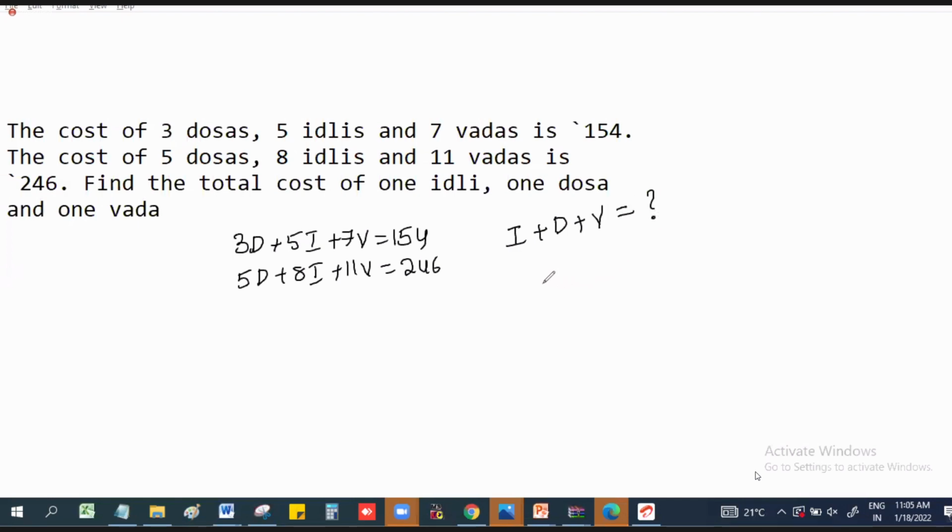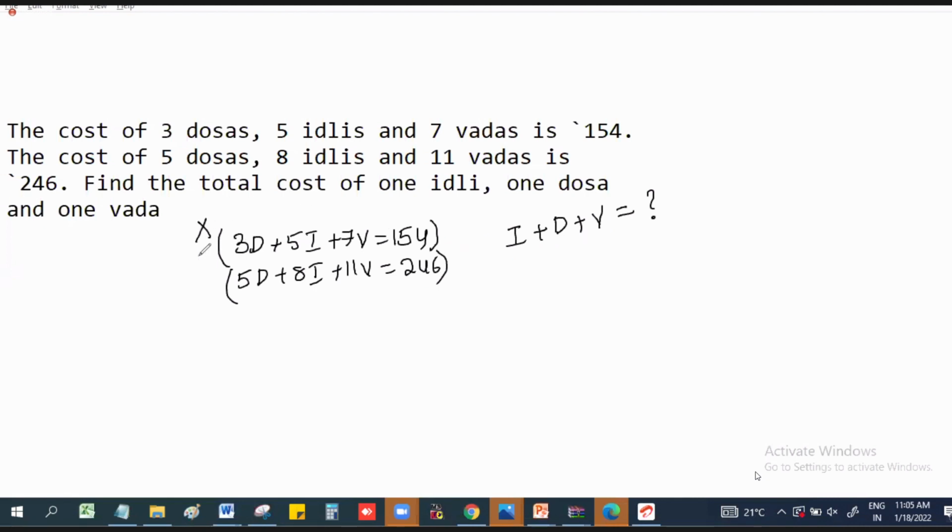So again it is about manipulating the equations. Whether you do addition or subtraction, you will not get this statement, so you have to multiply.